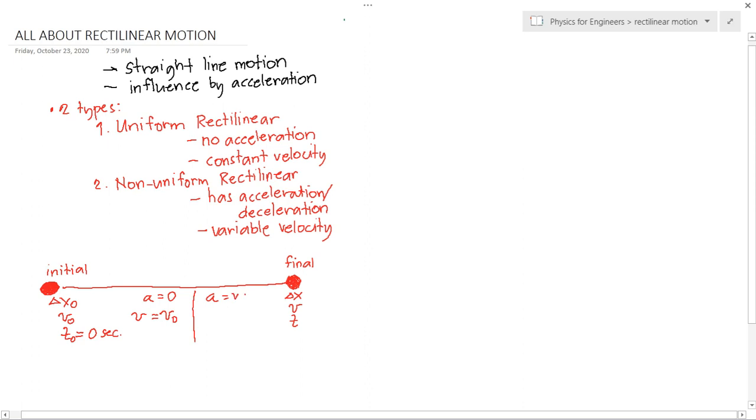So meron na siyang value. It's either positive, meaning nag-accelerate siya or nag-increase yung speed niya, or decelerating, yung speed niya is bumababa or bumabagal. So for acceleration, we can tell that the final velocity, of course, is not equal to the initial velocity. It could be greater than or less than.